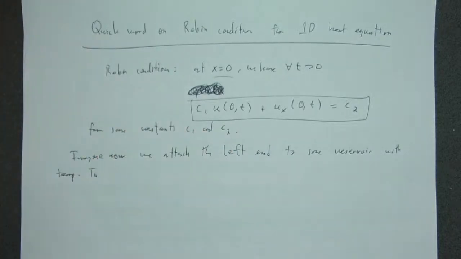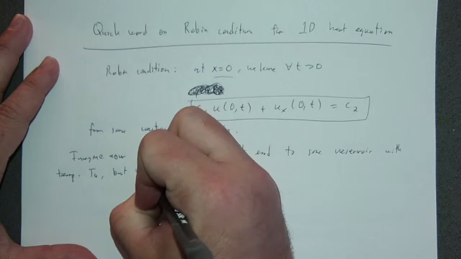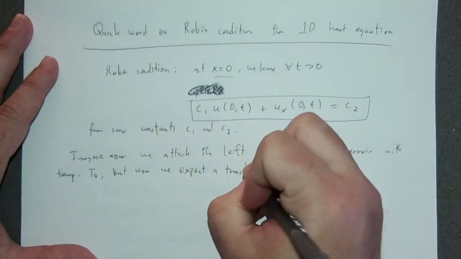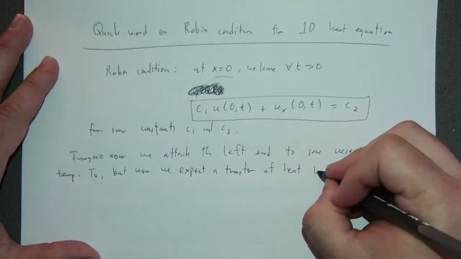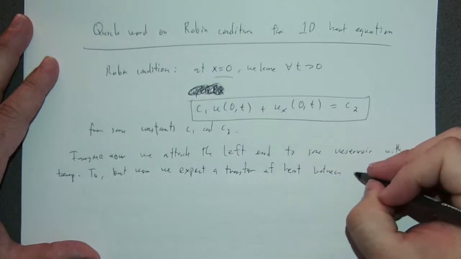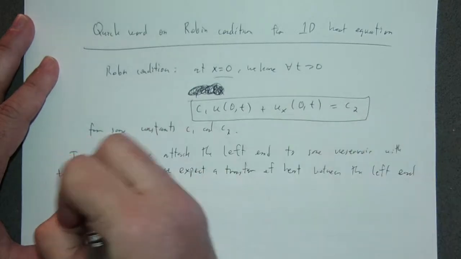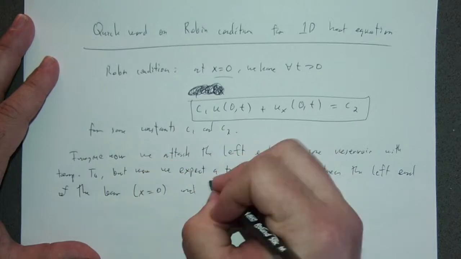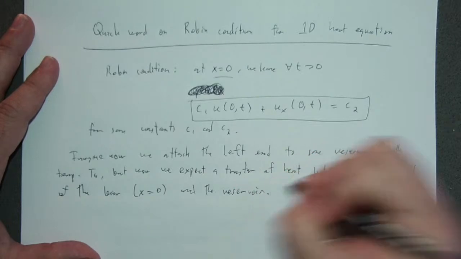Okay, but we expect a transfer of heat between the left end of the bar and the reservoir. So this left end of the bar is x equals 0, and the reservoir that it's attached to.